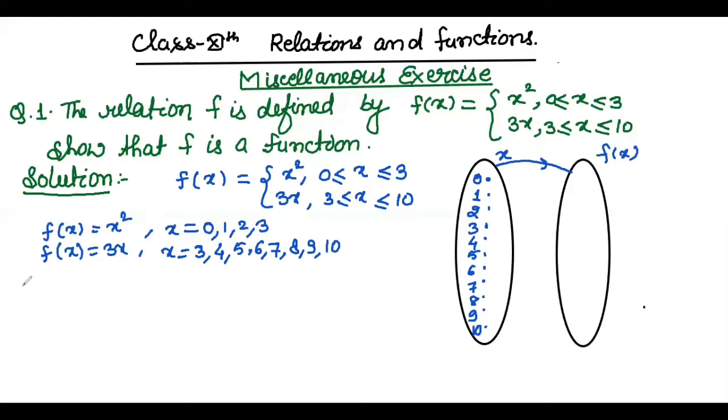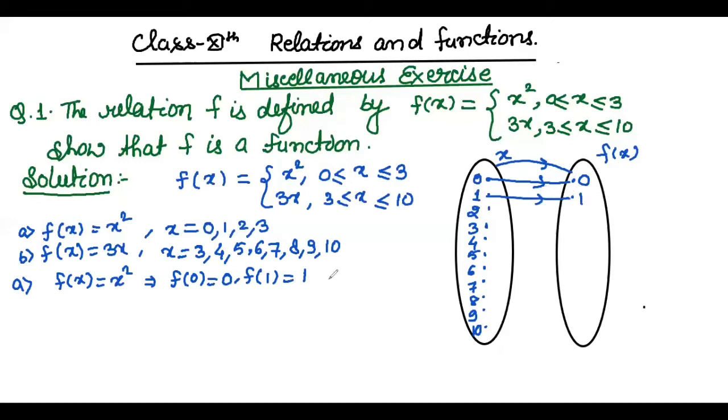This is the first condition, this is the second. So first, when f(x) equals x square, one by one we can find. Then f of 0, that is 0. So it is connected. Now f of 1, this is 1.